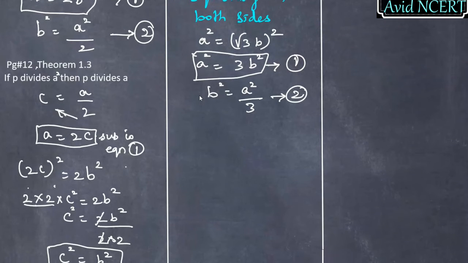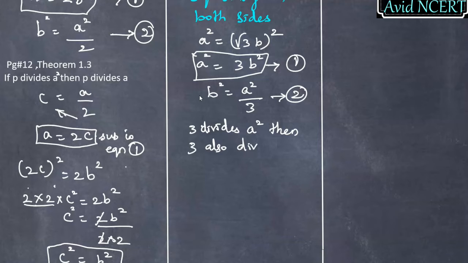Now by theorem 1.3 we know that if p divides a square, then p also divides a. So here we know that 3 divides a square. If 3 divides a square, then 3 also divides a.